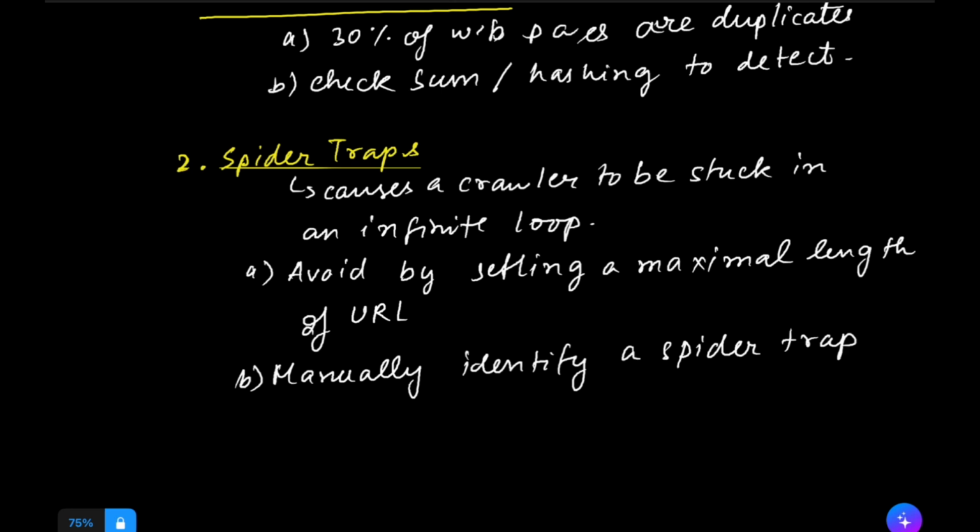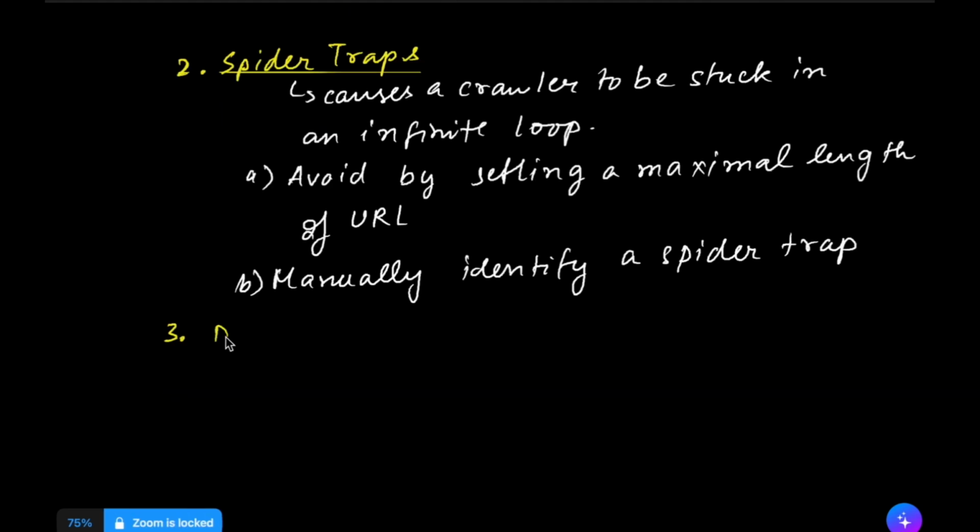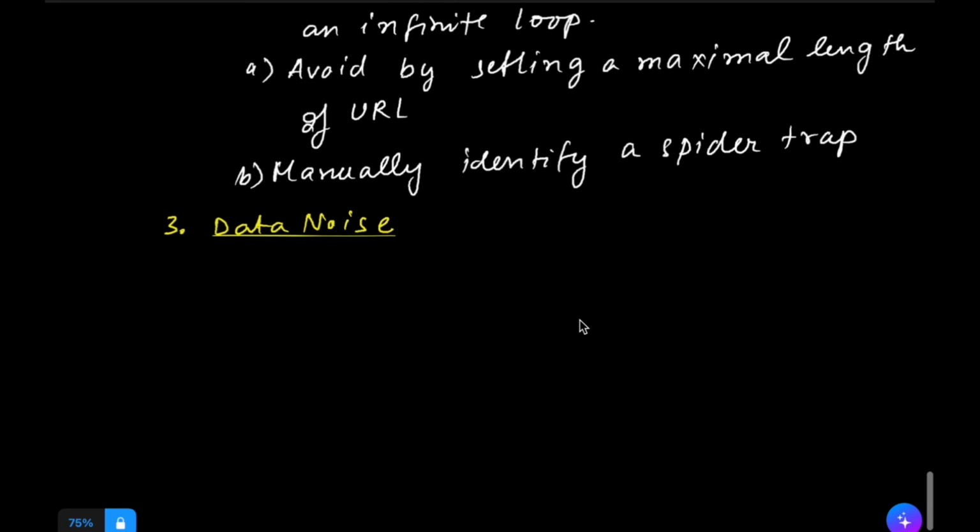And finally, the last thing we can handle is data noise. Let's say our web page has various advertisements or spam URLs or code snippets which are not our use case or not something we are interested in. We can exclude those contents while downloading, or after downloading we can exclude them from being stored for our future analysis or future use cases.